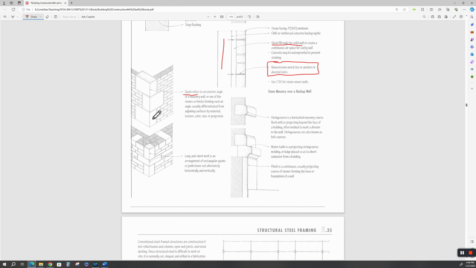And they would have a big ceremony for setting a cornerstone. They'd get the master masons out there and lay out the building, make sure it was square, and they would set the cornerstone, or as Ching calls it, a quoin.